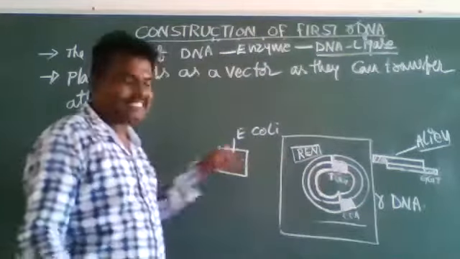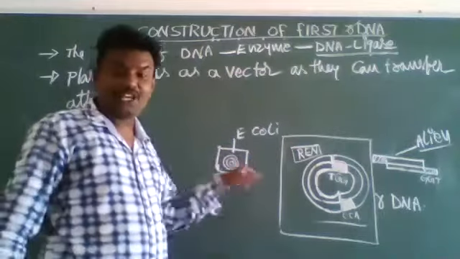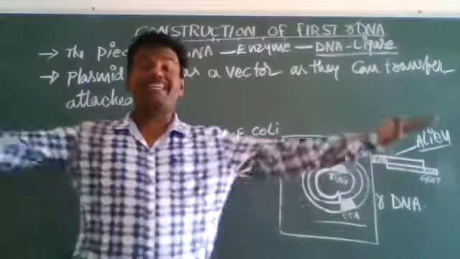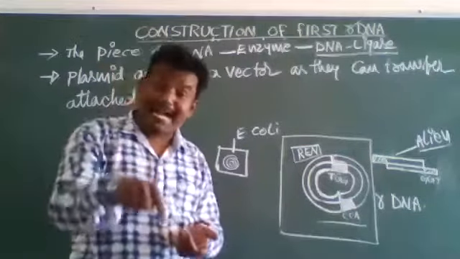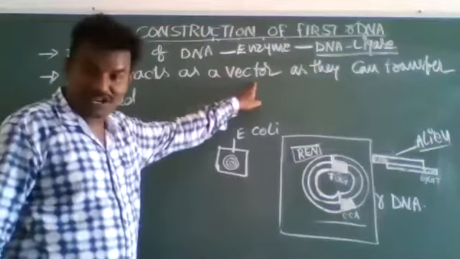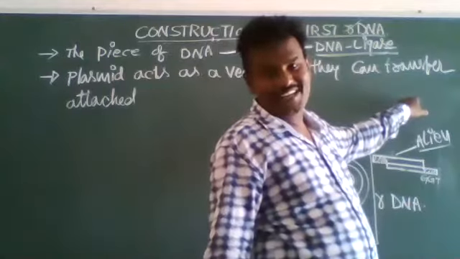Then this plasmid is transferred into the E. coli bacteria. In the E. coli bacteria, the desired genes are multiplied. So the plasmid is required. Plasmid acts as a vector, as it can transfer the attached DNA.